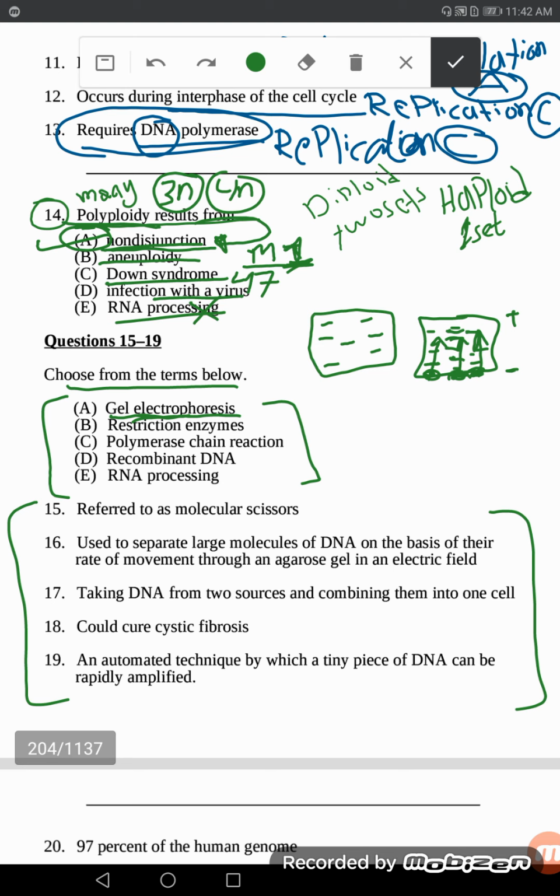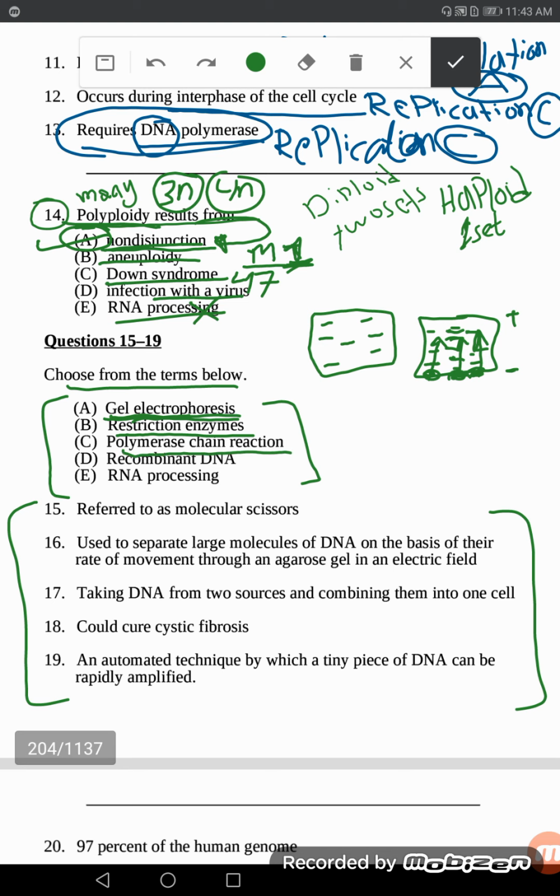You can watch the process of gel electrophoresis in YouTube videos, and you can find many. Just know that it is used for separating DNA samples on the basis of their size. Restriction enzymes, we said, are like molecular scissors, used for cutting DNA.